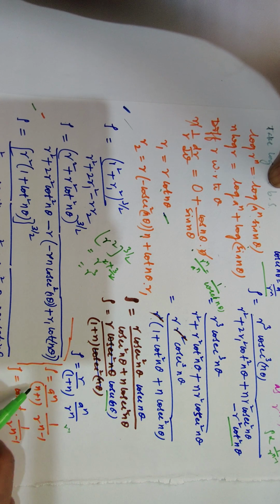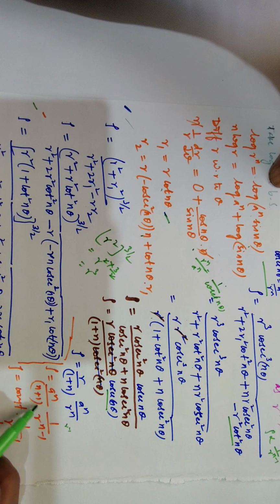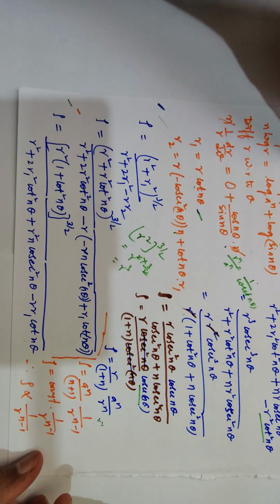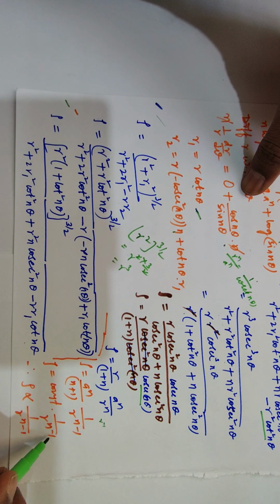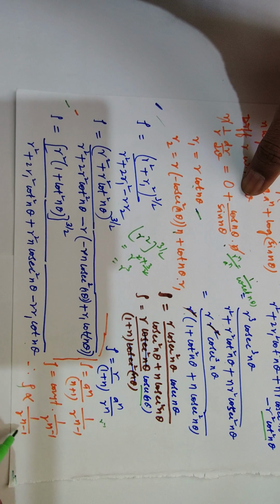This is totally a constant multiple of 1 by r raised to n minus 1. Okay, so rho is a constant multiple of 1 by r raised to n minus 1. Again, this is in terms of inverse. So therefore, rho varies as 1 by r raised to n minus 1, or radius of curvature varies inversely as 1 by r raised to n minus 1.